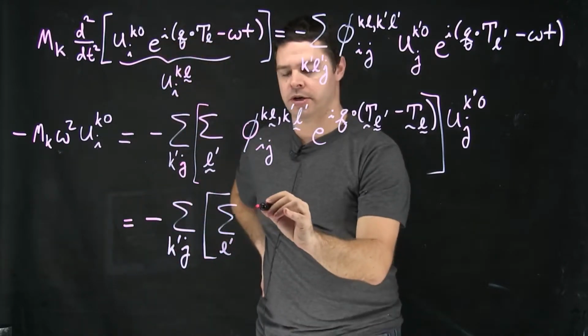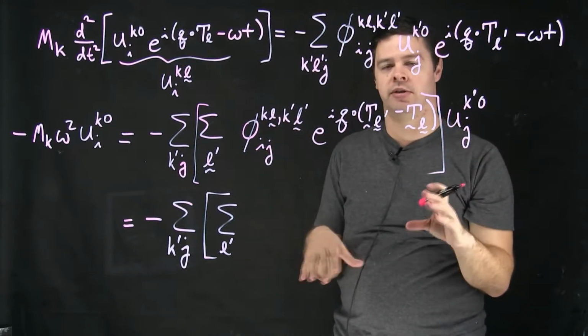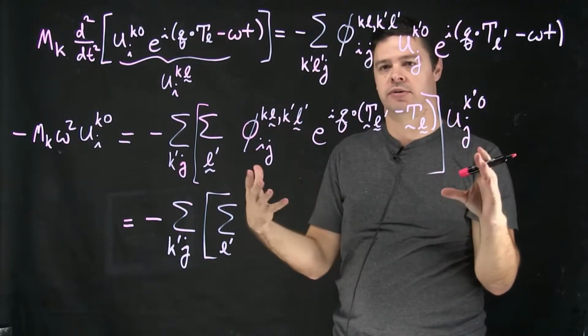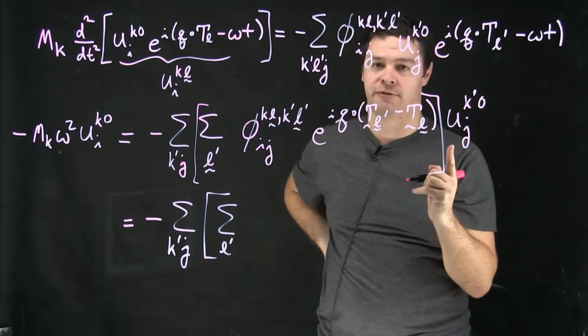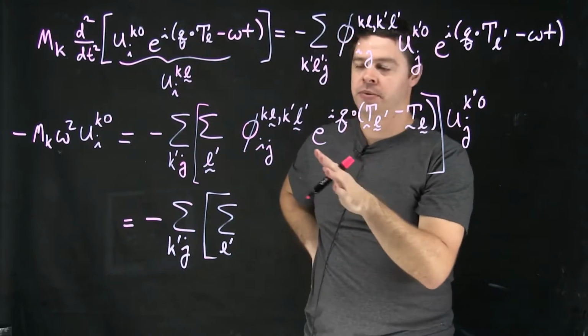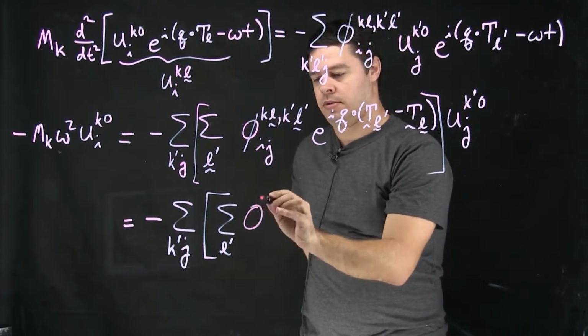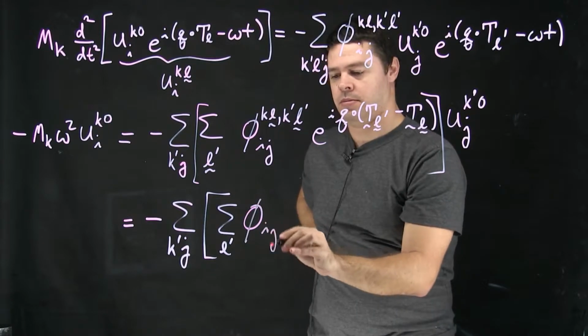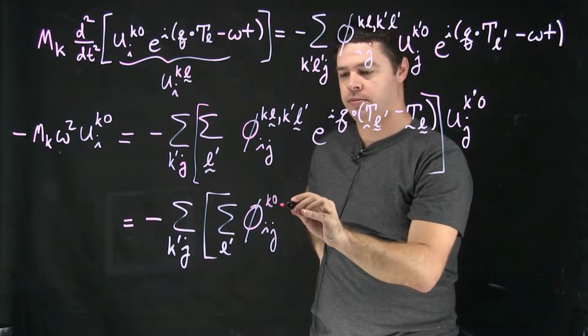But what I'm going to do is switch this L, which represented the unit cell that I was performing this solution on. I'm just going to do that in the 0th unit cell.